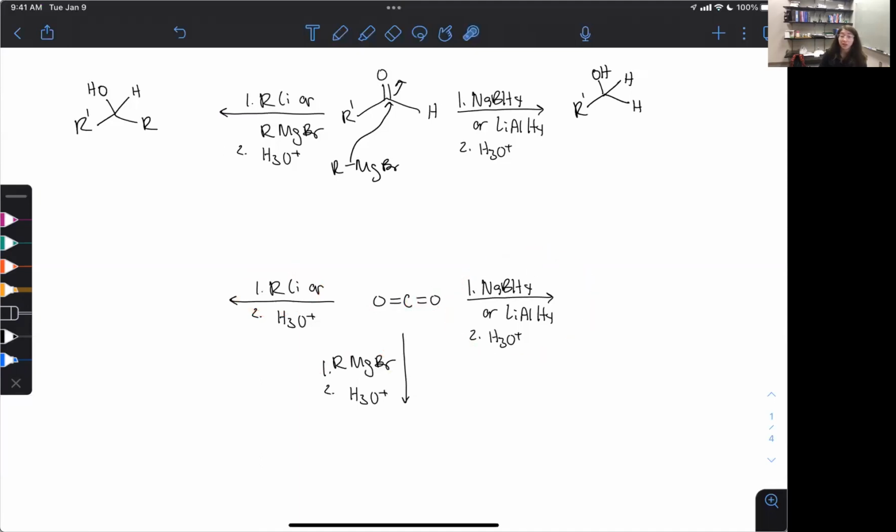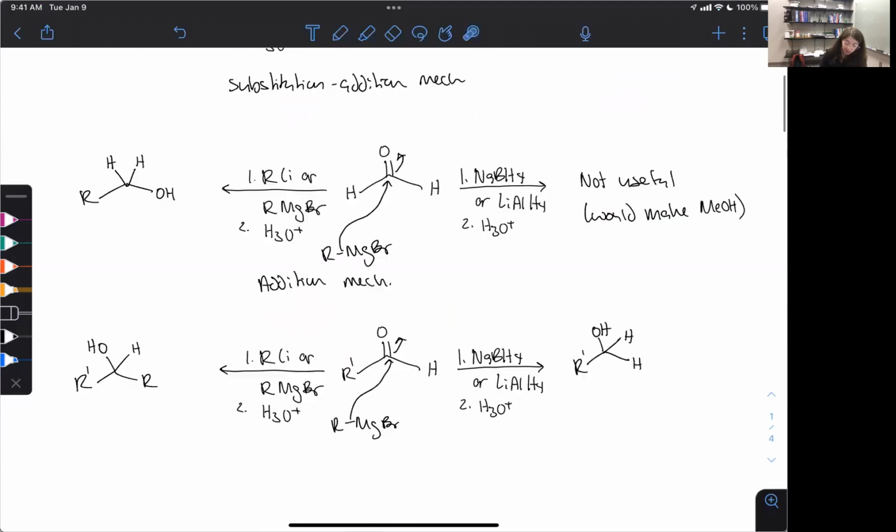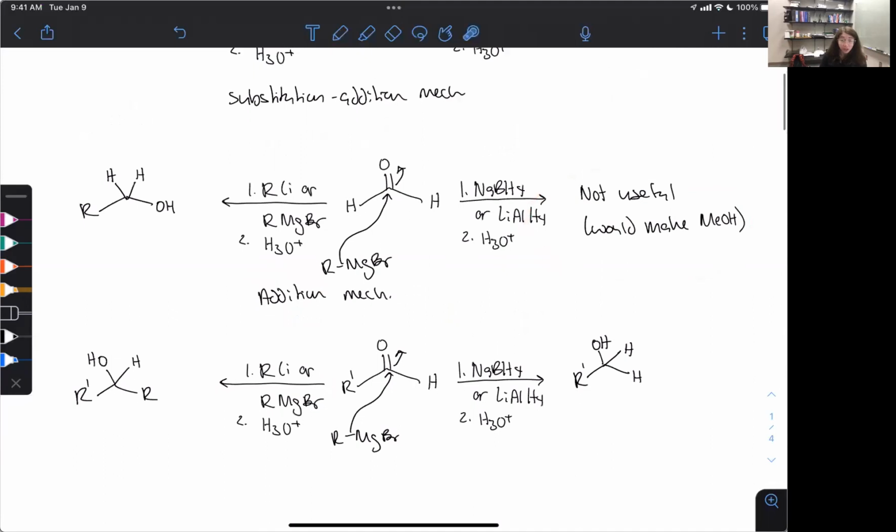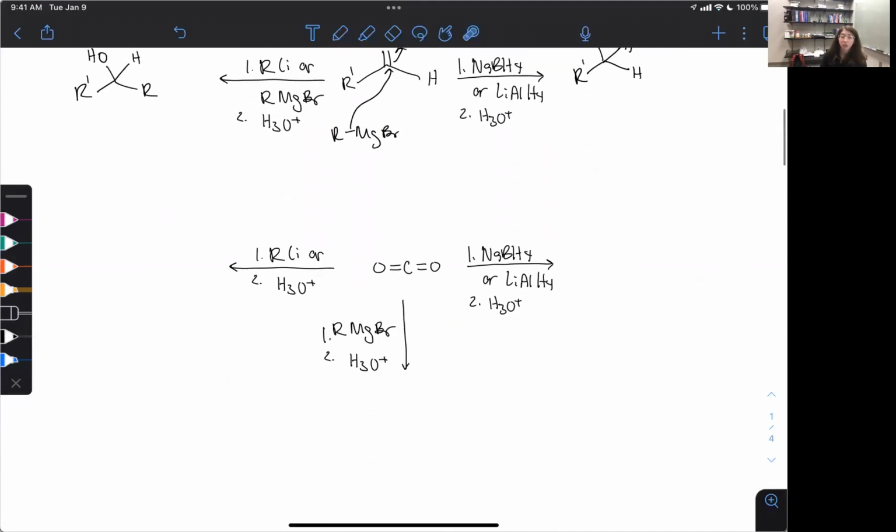Again, for the situation with sodium borohydride and lithium hydride, just like in the formaldehyde case, we are again in not useful territory. So it's either going to make formaldehyde or it's going to make formic acid or something that's just not very helpful.